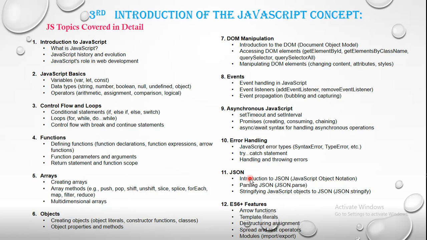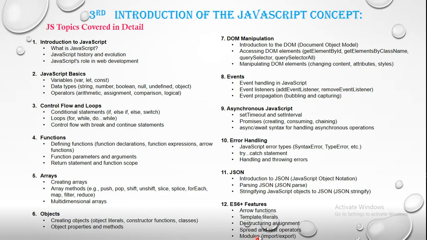JSON is JavaScript Object Notation, and those things are nothing but notation, in the sense that you will be covering all those things in double quotes, including the key and value. Any doubts with this JSON?